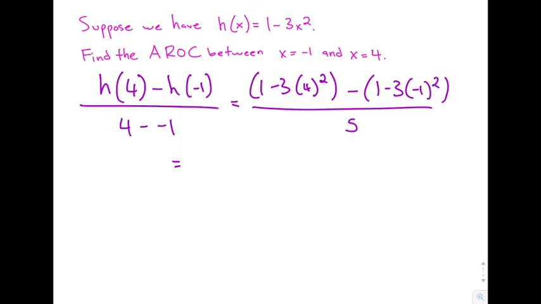So 1 minus 48, that's -47, minus 1 minus 3 times 1, so that'd be -2, 1 minus -2 over 5. So that should give us -45 over 5, which equals -9. So the average rate of change between x equals -1 and x equals 4 is -9.